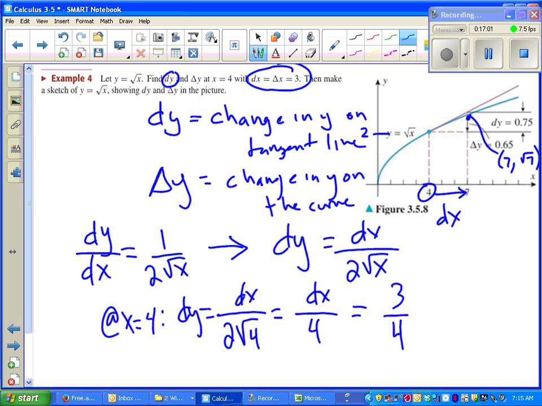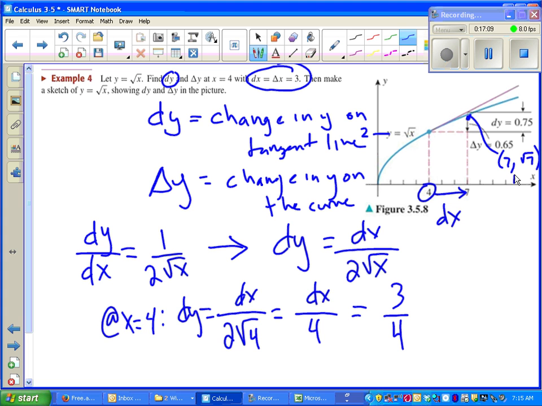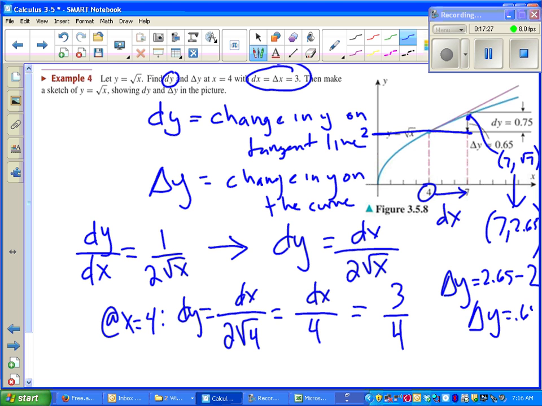Square root of 7 in a calculator happens to be 2.65 approximately. So now we can figure out our change in y. Our new y is 2.65. Originally, y was 2. So change in y is 0.65.